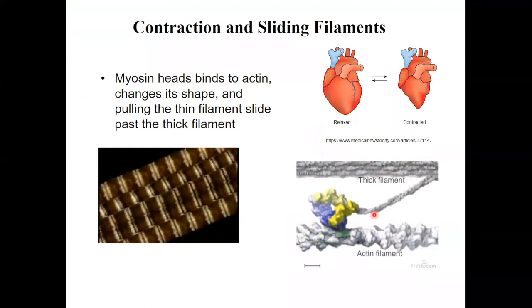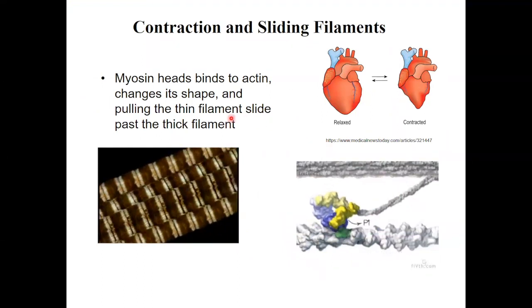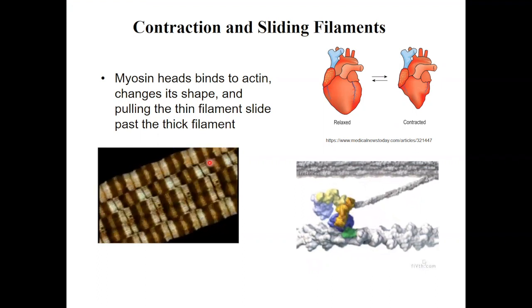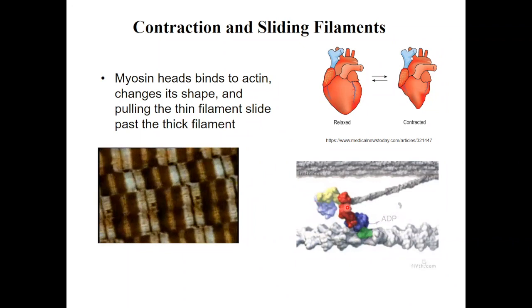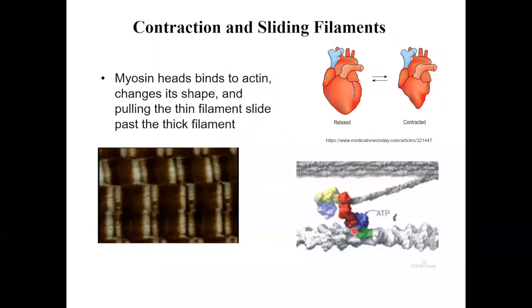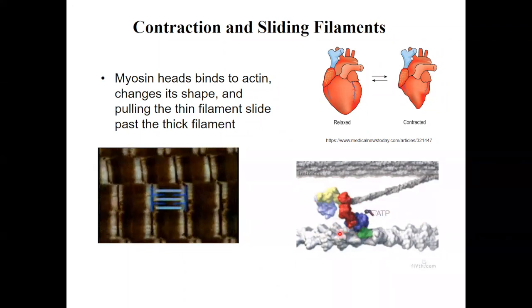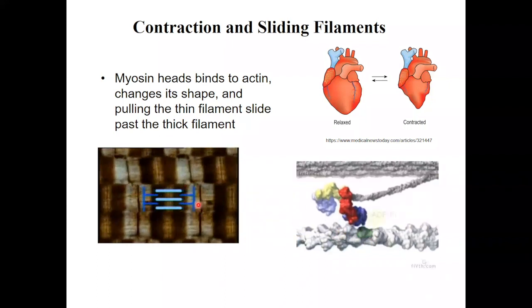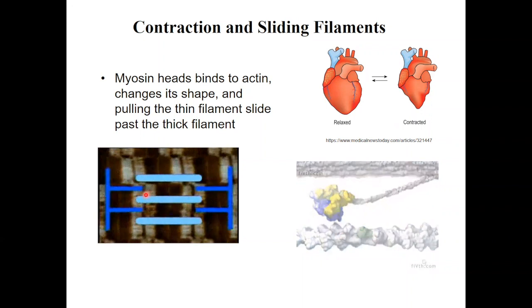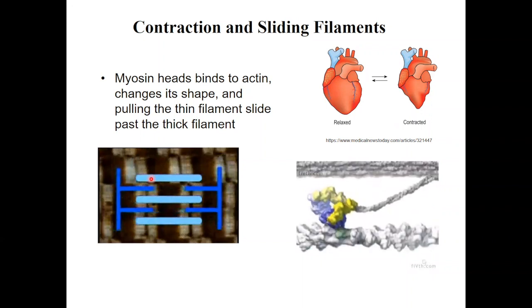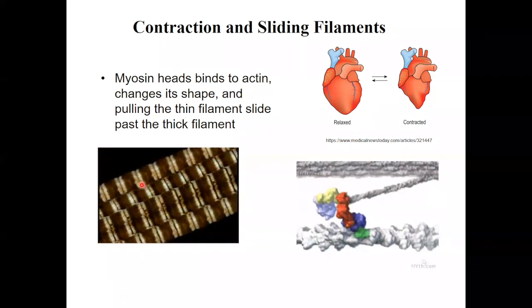The primary function of muscle is to contract and generate force. Muscle contraction is achieved by the binding of the myosin head to actin, which then pulls the actin filament toward the middle of the sarcomere, with the lengths of the thick and thin filaments remaining relatively constant. This is the sliding filament theory.